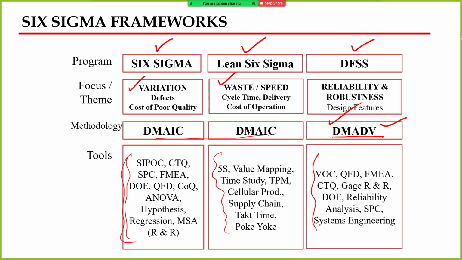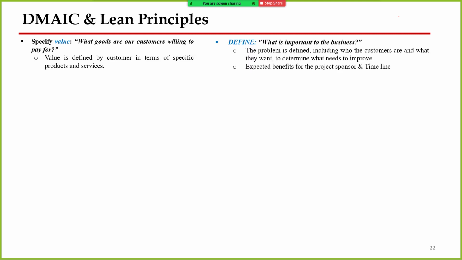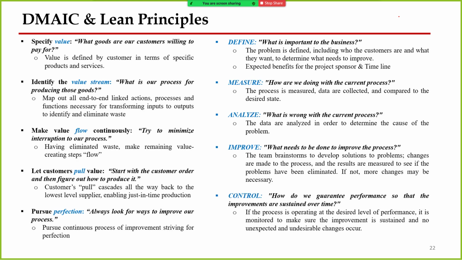So depending upon your objective, if you want to improve your existing process, go for either a Six Sigma project or a Lean Six Sigma project. If you are re-engineering and want to build a very new process that should be robust and reliable, then go for a Design for Six Sigma project.